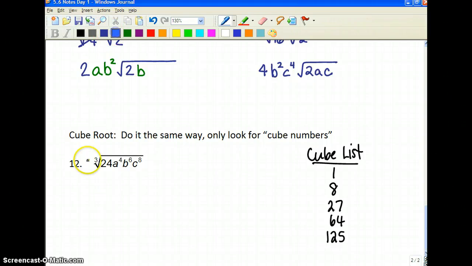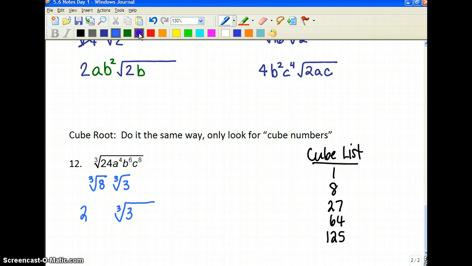So if you're going to break this 24 up, you'd say it's the cube root of 8 times the cube root of 3. The cube root of 8 is 2, and the 3 stays under.